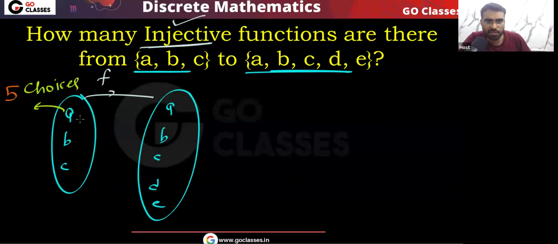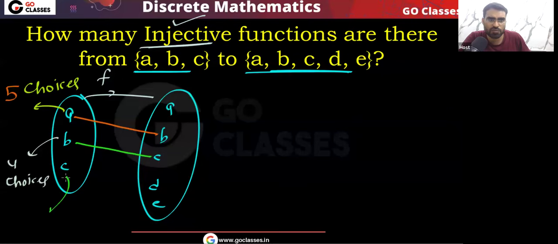Now, once I am done with A, how many choices for B? Now I cannot repeat, because I want an injective function, so different elements of the domain must have different images. So there are 4 choices for B. And once I am done with B, how many choices for C?